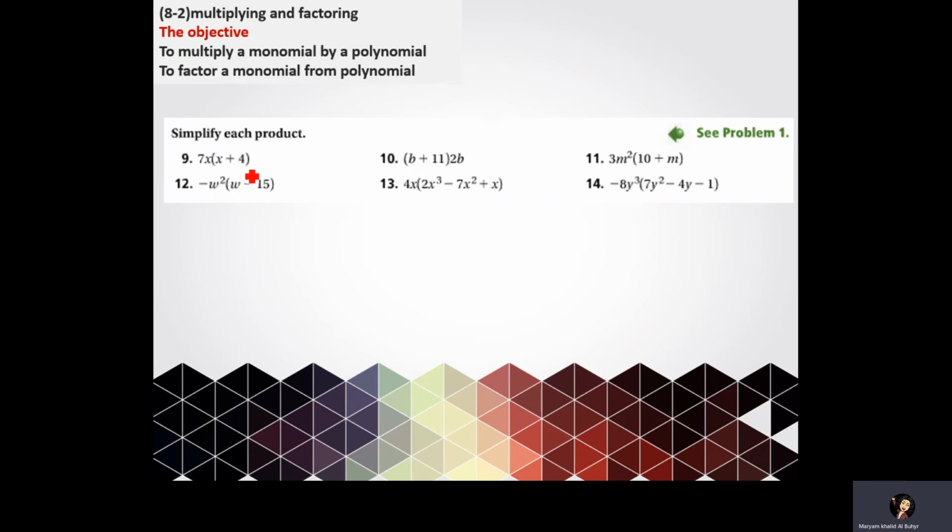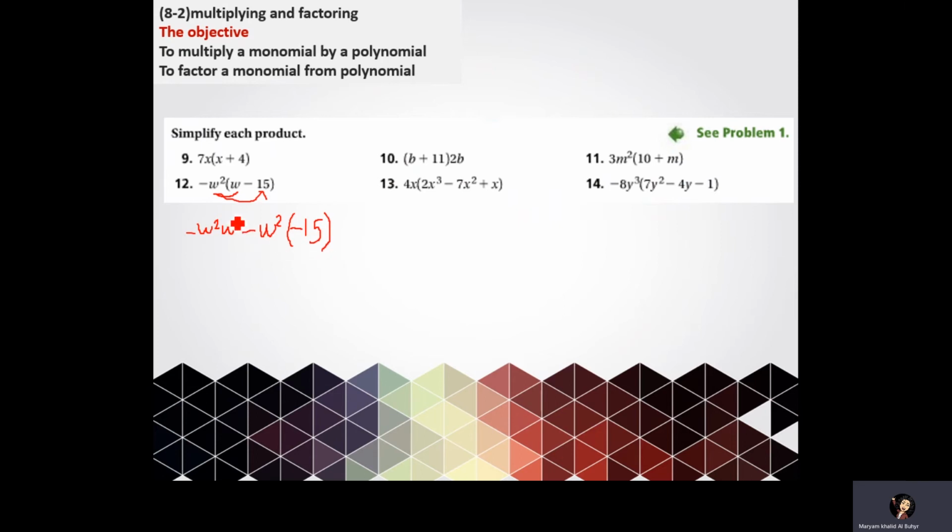I just want to make sure that you are okay with the idea. Again, distribute. So that will be -w to the power 2 times w, minus. It will be minus w to the power 2 times -15.